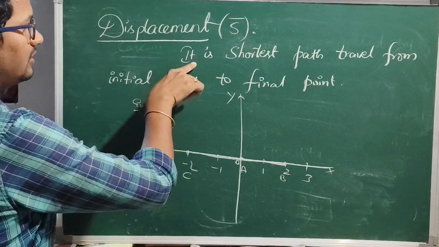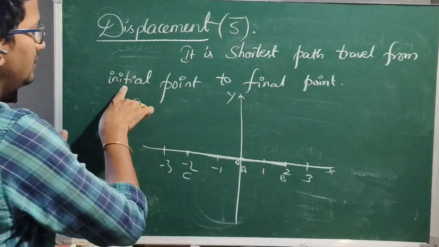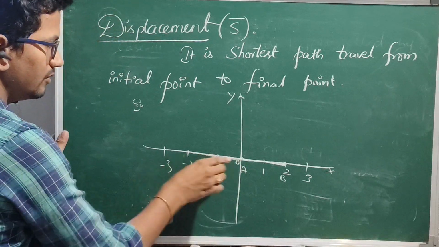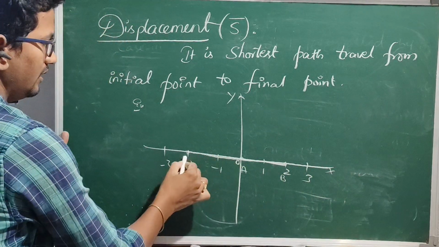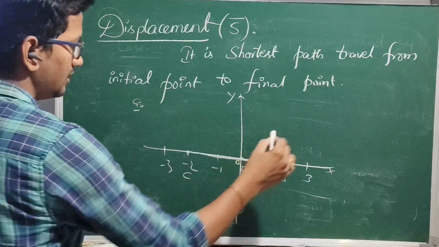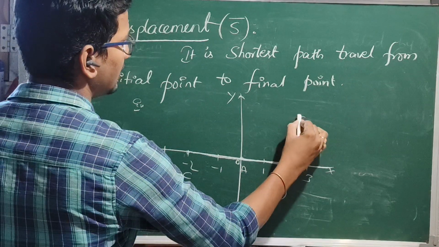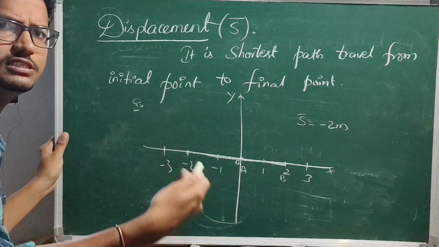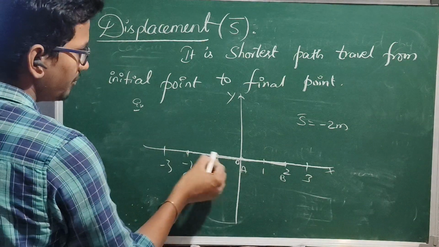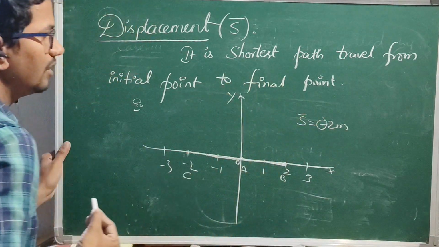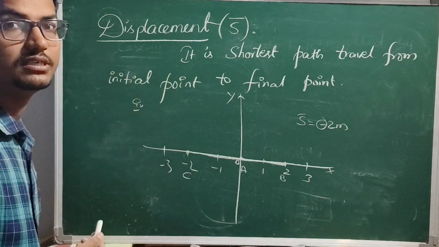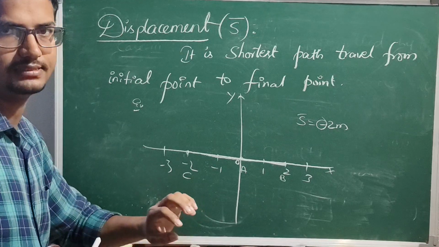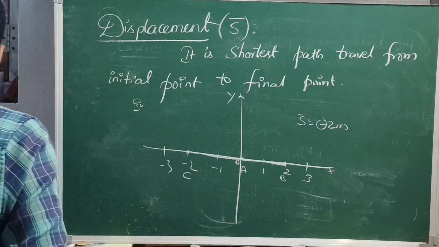But what is the definition? It is the shortest path travelled from initial point to final point. This is initial. Where is the final? Here. No need to consider this one. From A to C is the displacement. How can you write it? S bar is equal to -2 meters. We only have to consider initial and final. That's why we consider the minus, because it is a vector quantity. Vector quantity means magnitude and direction. Direction is indicated by the minus.